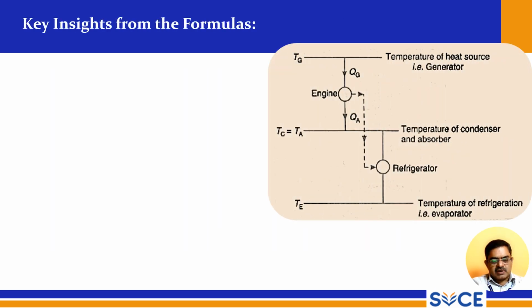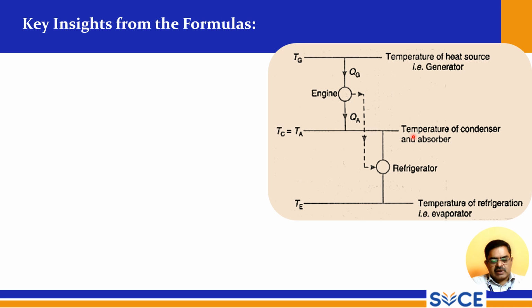You can remember these key insights from these formulas, and here is a simple diagram where you can remember all the T's and Q's. This is Te, the temperature of refrigeration, that is the evaporator temperature, and it is given to the refrigerator. Tc equals Ta, the temperature of the condenser and absorber.